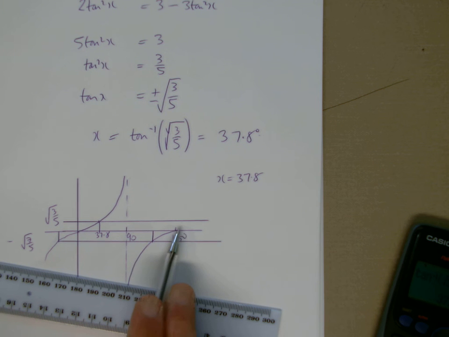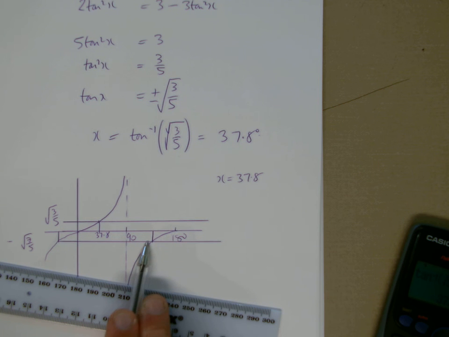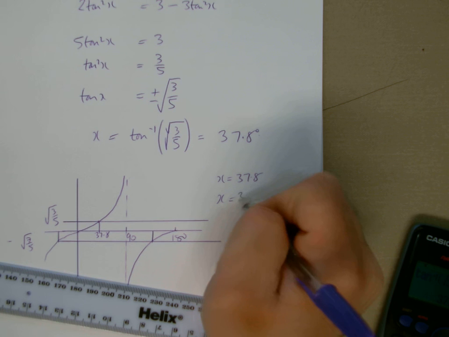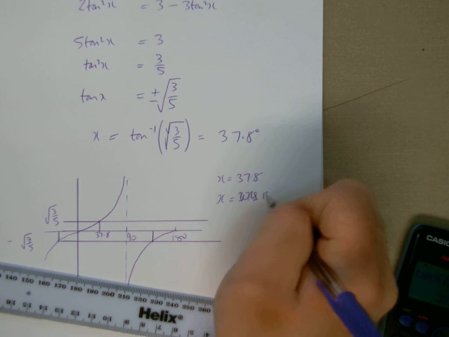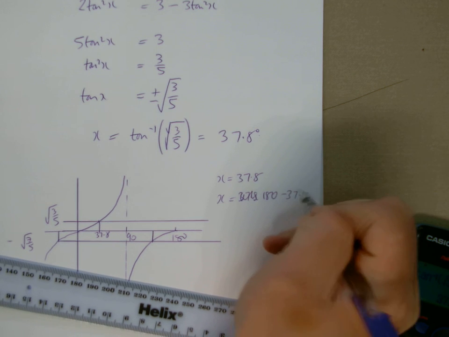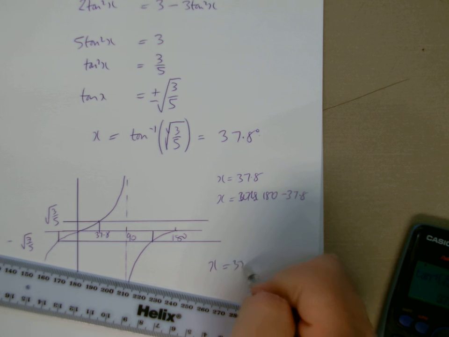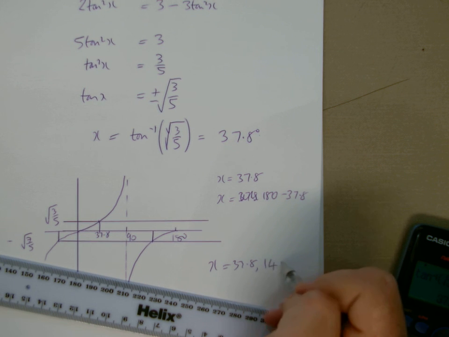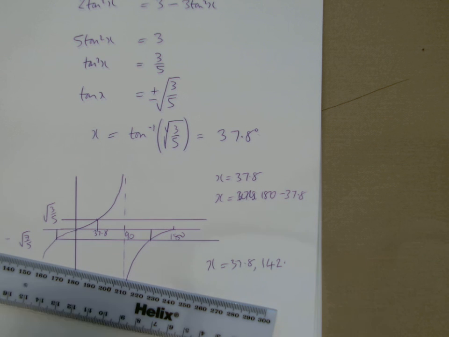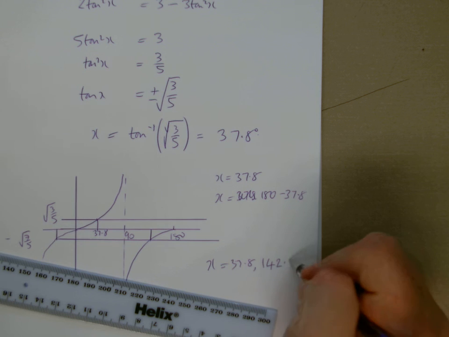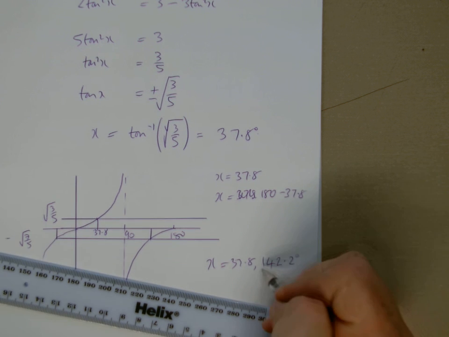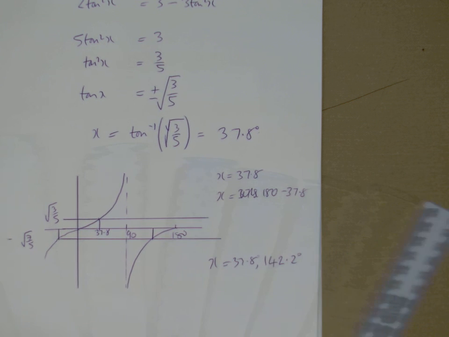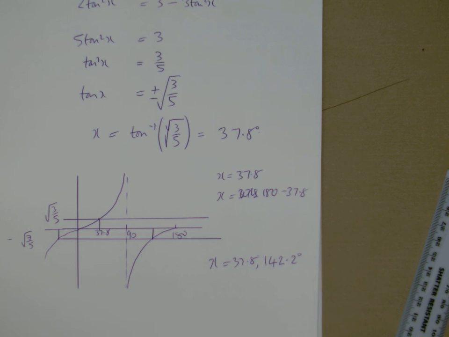So you do the same now. You work back from 180 minus 37.8. So two answers will be x equals 37.8 and 142. I'm going to check this. Yeah, 142.2. Okay, so using symmetry does really help us get to the answers.